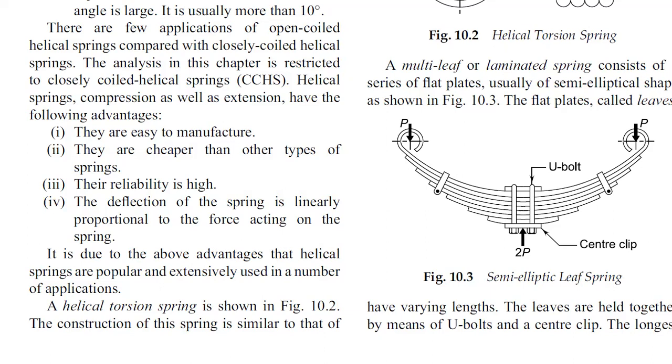This is a very good sign of a spring, whatever you are designing, because it might not happen that you apply the force and it does not deflect according to the load, right? So we should remember that the linear relation between the force and deflection should be there.